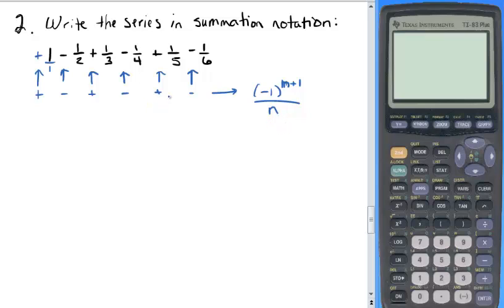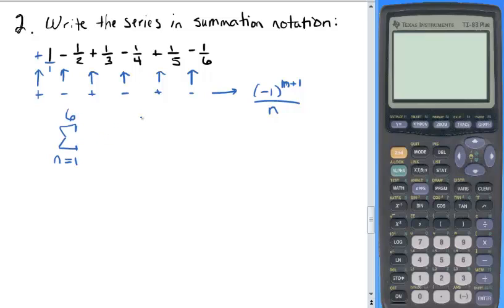This then is my formula, so I'm going to put this into my summation notation. So I'm going to begin by writing out sigma, and I'm going to start with my index being n. It's going to start at the value of 1. I have 6 terms, so it's going to go up to 6.